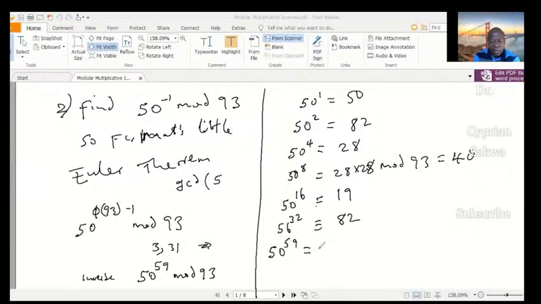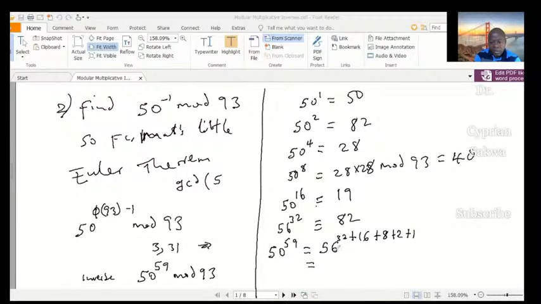So I can take this 32, then add 16 to get 48, then add 8 to get 56, then add 2 to get 58, then add 1 to get 59. So I'm just adding the powers so that I get 59.